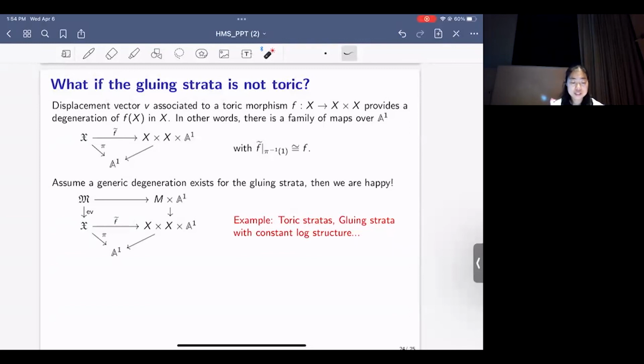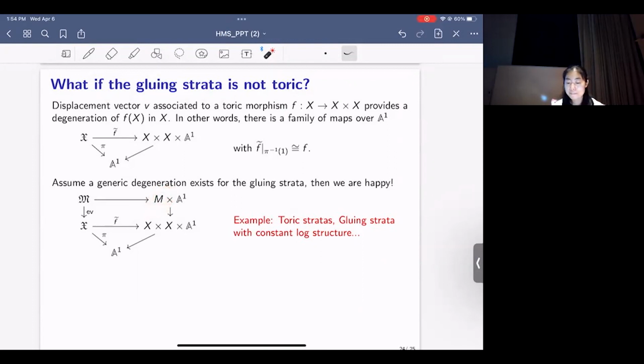So suppose we have a nice situation where you can still find a family of maps over A1 such that on the generic point it's isomorphic to your diagonal map, but also it's compatible with the log structure. In this case, the same idea can go through, and we can still pick some good strata inside your glued space to provide the rational equivalence class.